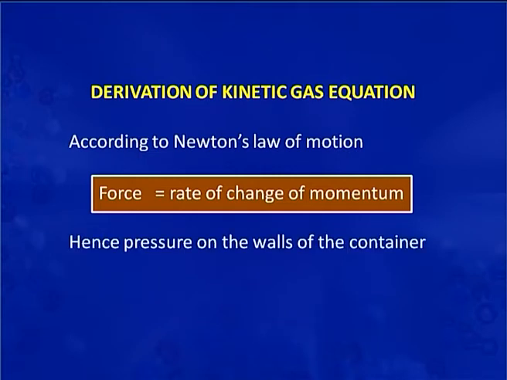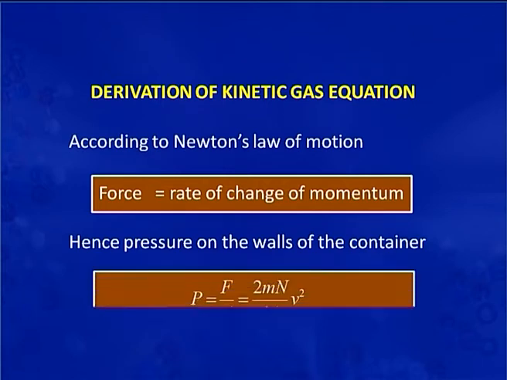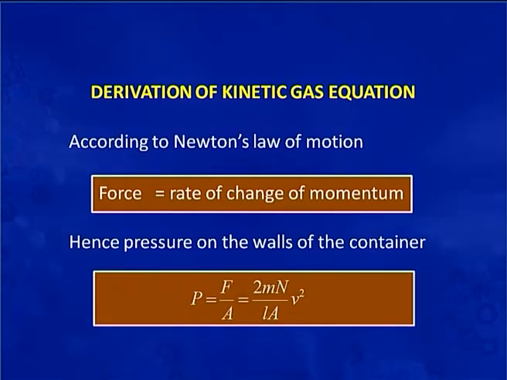So, the pressure exerted on the wall of the container will be pressure equals force by area. In place of force we will put 2mN v square by L, and A is the area here.